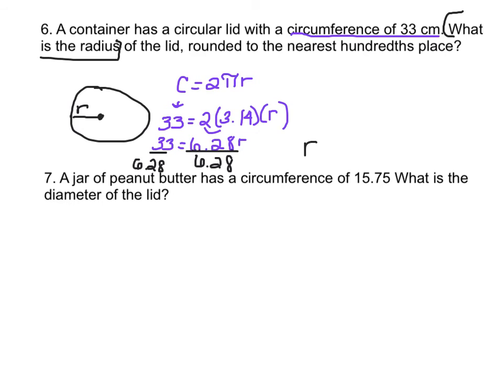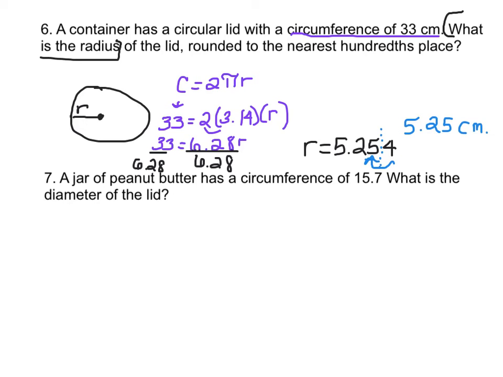And I get r equals 5.254. However, the question asks to round to the nearest hundredths place. The hundredths place is 2 numbers after the decimal. So I don't want this 4. This 4 is going to make this 5 stay the same. So the radius of this container, this circular lid, is 5.25 centimeters. Now go ahead and solve problem number 7.